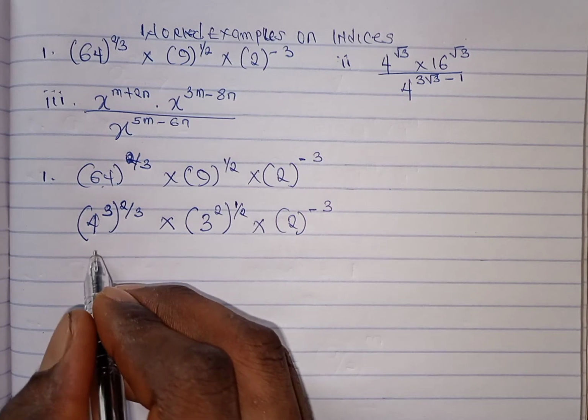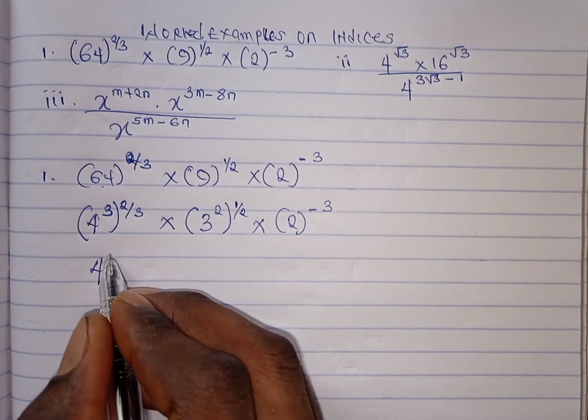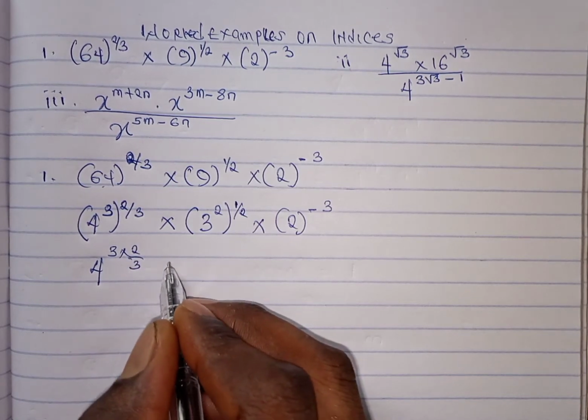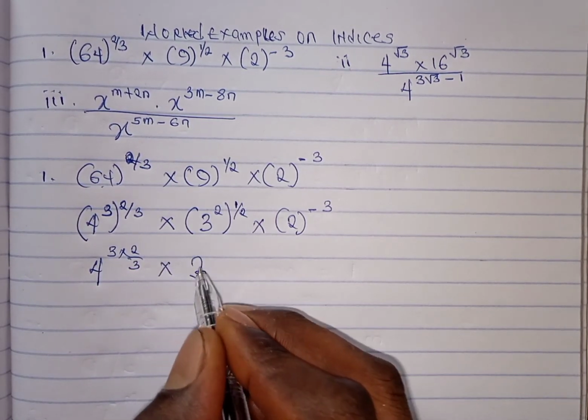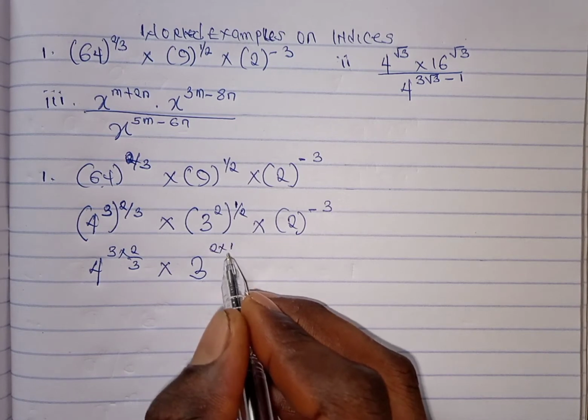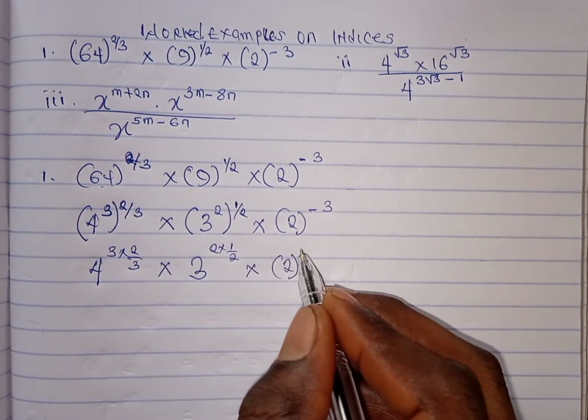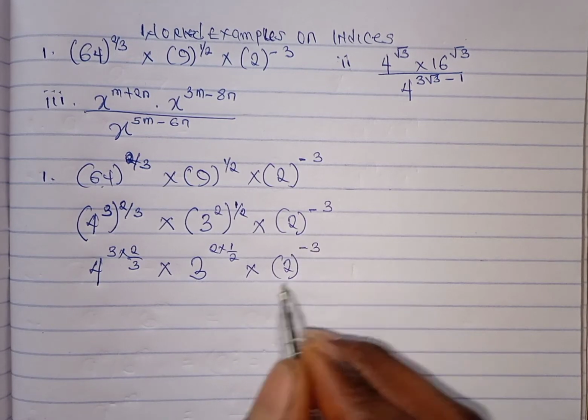Okay, then this is the same as 4 to the power of 3 multiplied by 2/3, then 3 to the power of 2 times 1/2, then 2 raised to the power of negative 3.